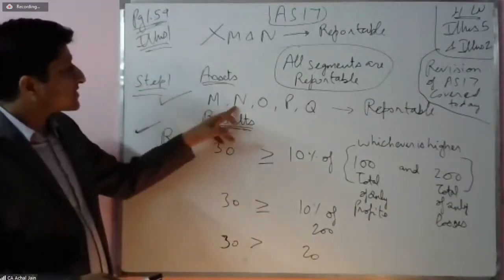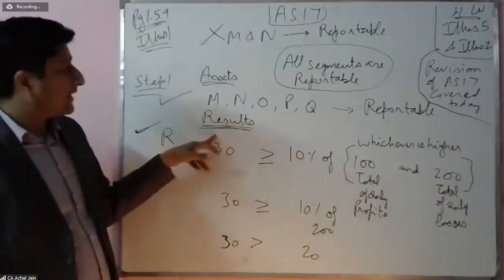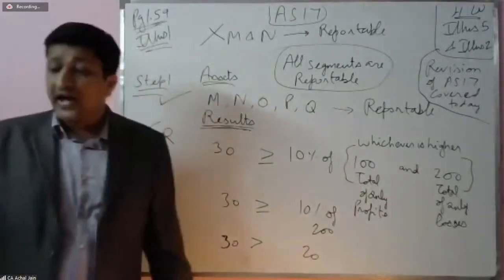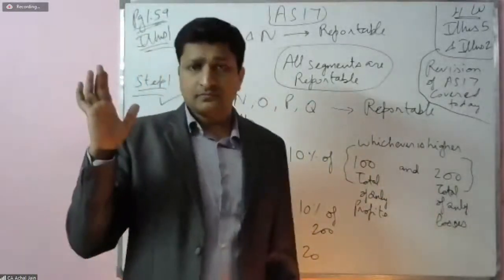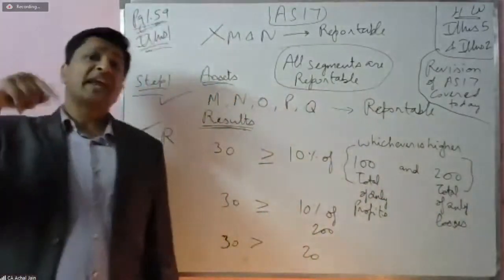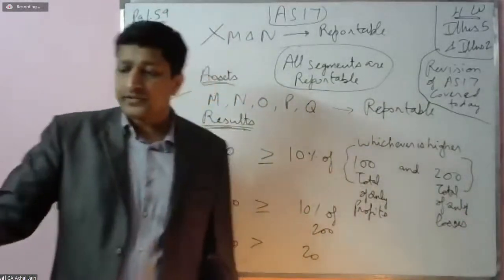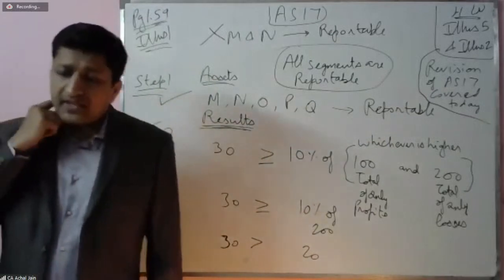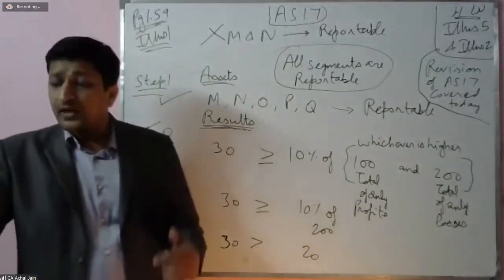And once you have assessed that as your reportable segment on the basis of this criteria, you don't need to check it again on the basis of assets. Why? Because any of the criteria has to be met. Please remember, it's any of the criteria. It's not all of the criteria. Clear?